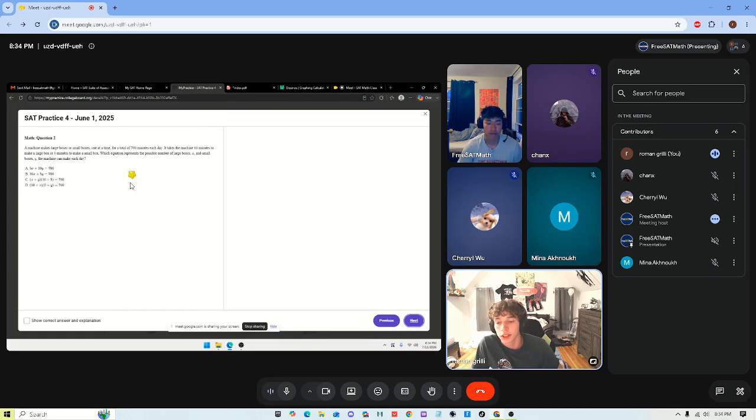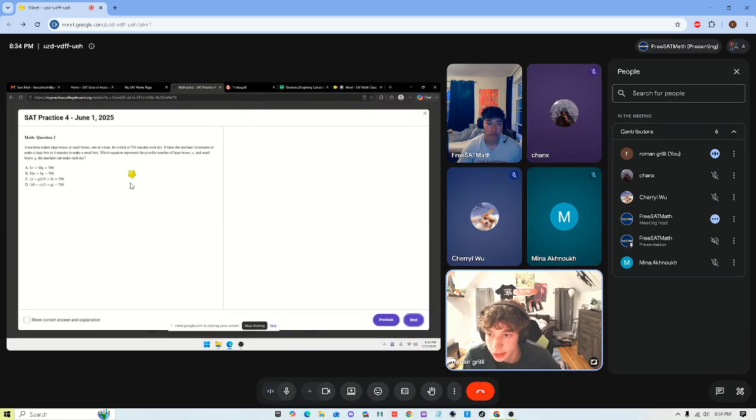Okay, since it already gives us x and y, where x is large boxes and y is small boxes, we don't have to assign those. So this is just going to be like a system of equations. We know it takes 10 minutes to make a large box, which is x, so it's 10 times x.